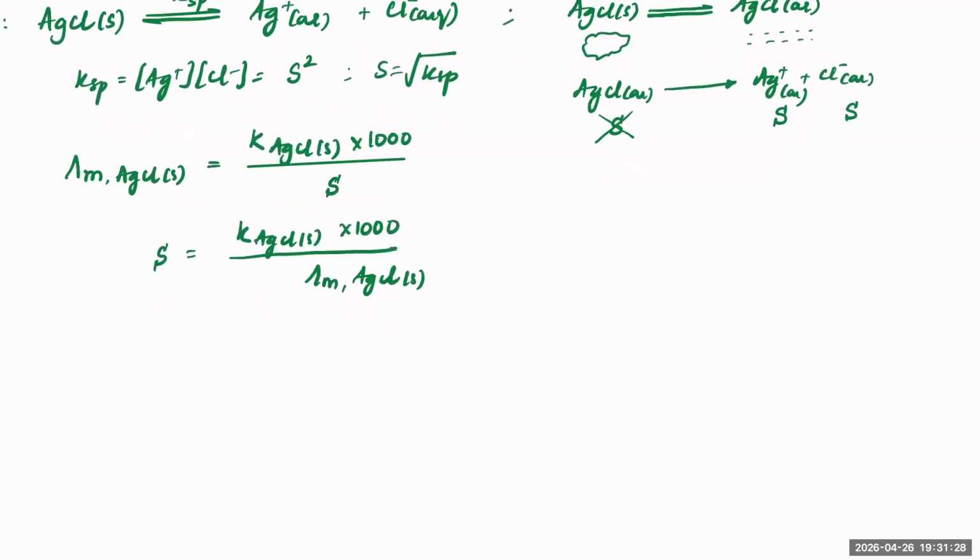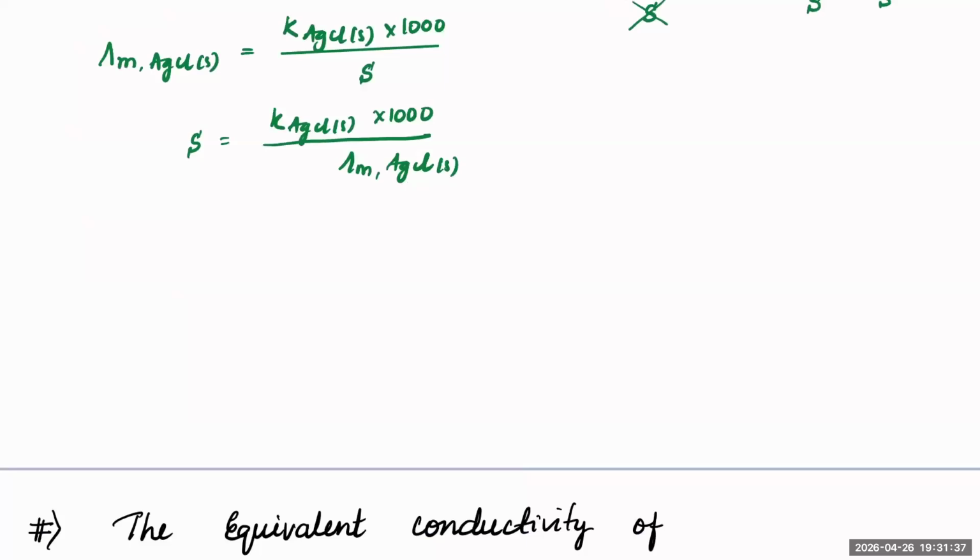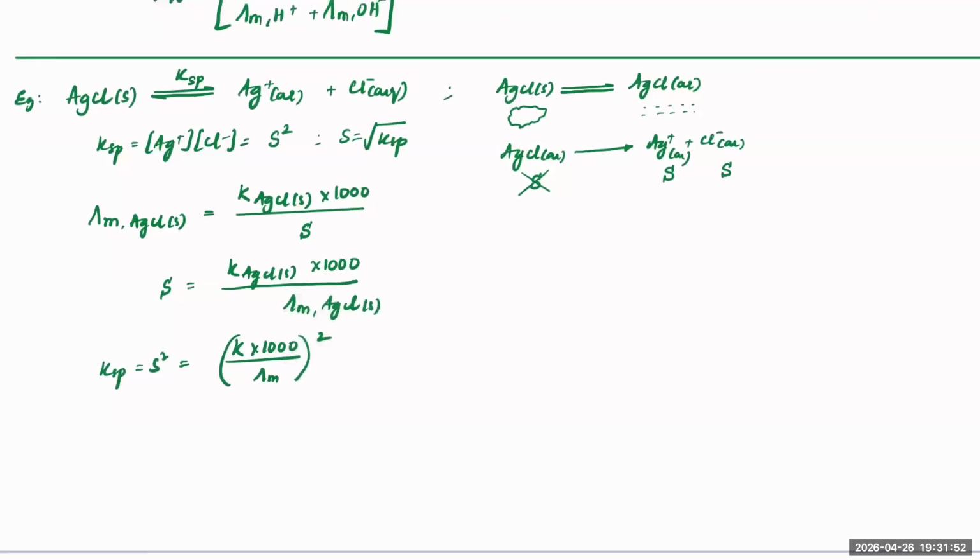Hence, from here we can figure out the value of Ksp. Ksp is equal to S squared, which is equal to kappa into 1000 by lambda m, whole squared. So this is how you can make a relation between Ksp with molar conductance as well as specific conductance.